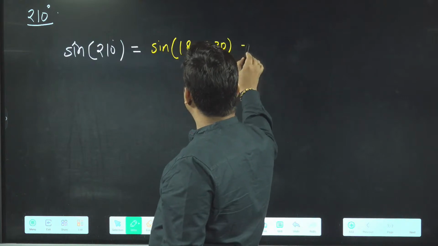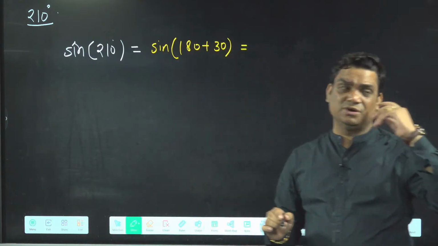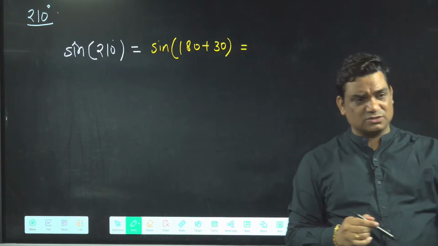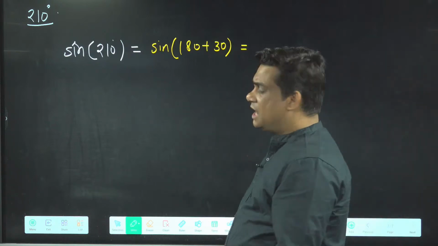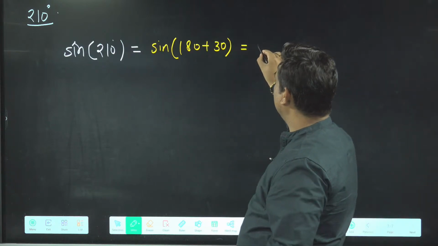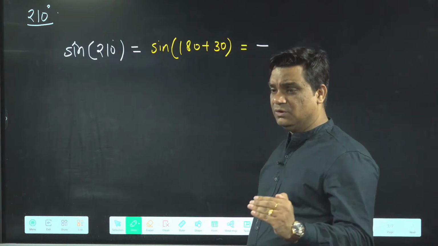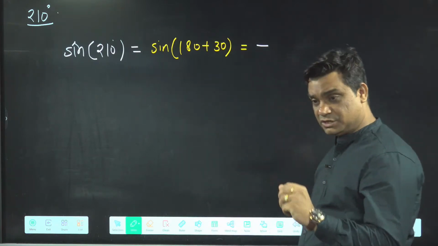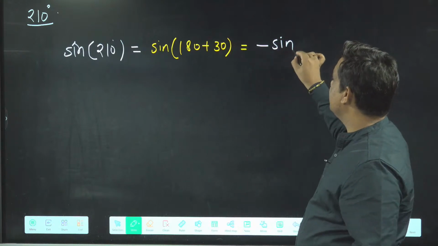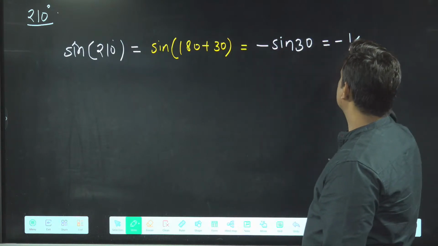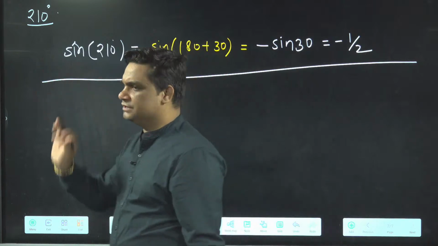It does not mean that whatever I am writing, you have to write exactly the same way. You can write 260 minus also. That is your choice. When I write like this, this is the third quadrant, and here it is going to be negative, and 180 will never change. So it will be sine 30, and it is minus half. And you were absolutely correct in this question.